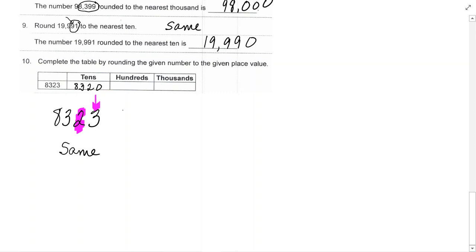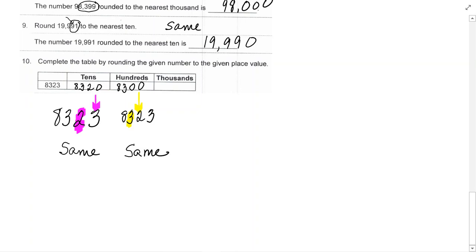Let's do it again. 8323, and let's round to the nearest 100. Well, the 2 tells us what to do, and it says leave it the same. So it will be 8300.